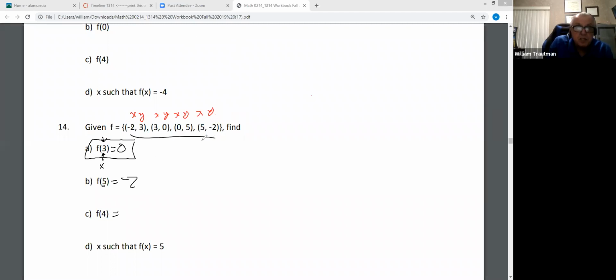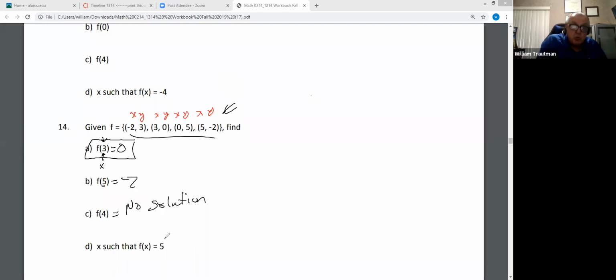It's not up here, so there's no solution. There's no answer. It's not part of the domain. The domain is all the x values, and this function lists all the coordinates. There's only 4 points on that graph, and there's no x value 4, so there's no answer.